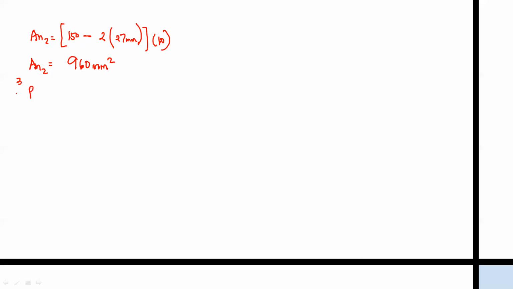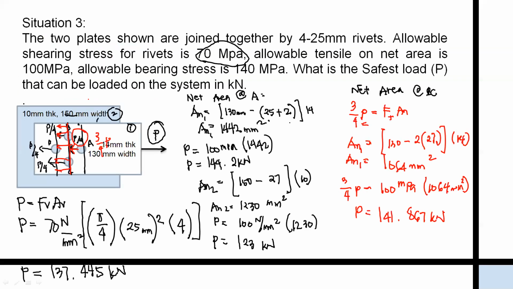Now we have 3/4 of P, and our allowable tensile stress is 100 megapascals times 960 square millimeter. So the value of our P is 128 kilonewton.